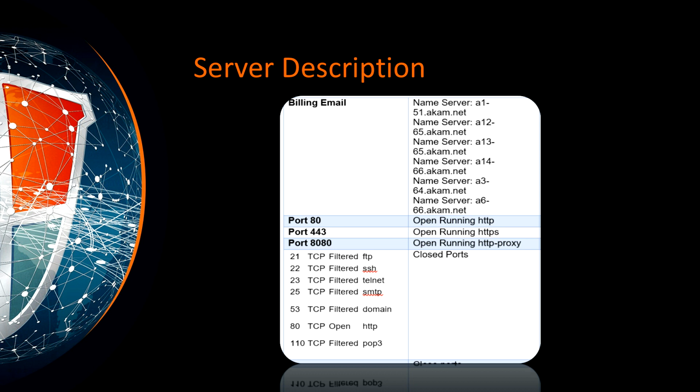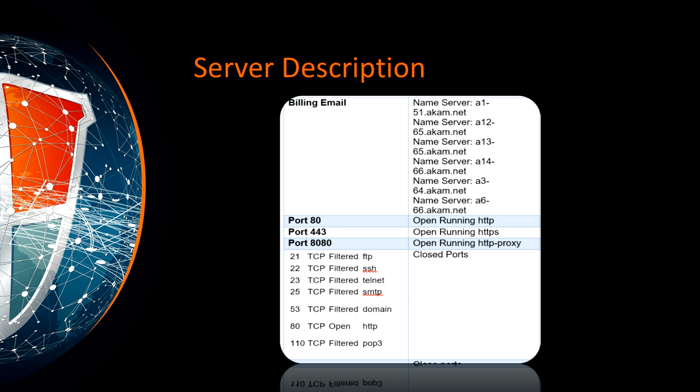These are the name servers used for billing, and for IP to name and name to IP conversion. And port 80 is hosting HTTP, and port 443 is hosting HTTPS, the encrypted content of the website.